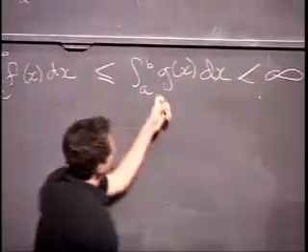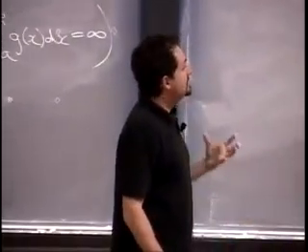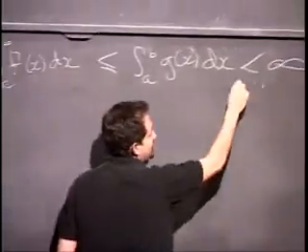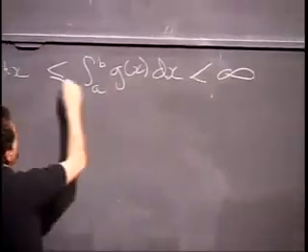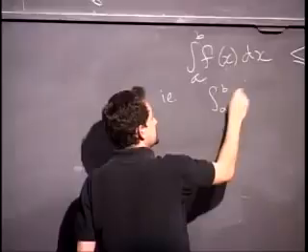By assumption, this new integral that you came up with converges, so it's finite. So this is less than or equal to something which is less than infinity. It's not infinite. Therefore, this also converges.